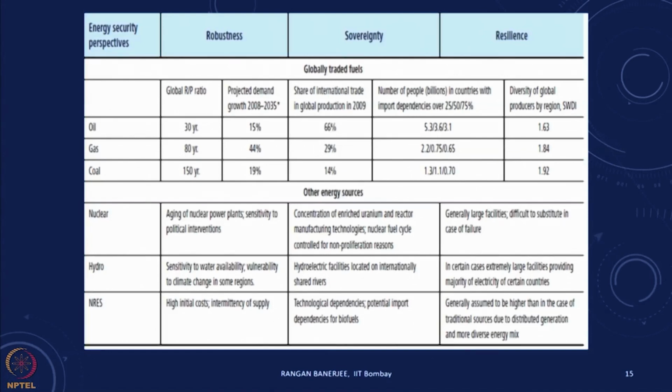In the case of nuclear also, in many cases we are dependent on imports for the nuclear fuel, and in the case of hydro also there may be issues in terms of water availability, and in renewables of course the variability of renewables.